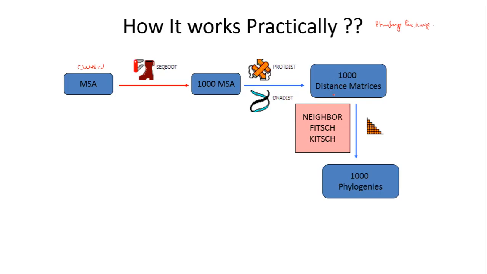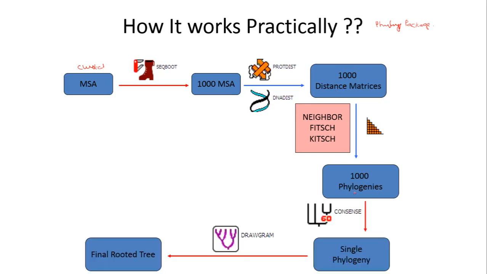Okay, so once you generate those distance matrices, you would use clustering algorithms that are implemented in programs like neighbor, fitch, and kitsch. So using these clustering algorithms that implement either the neighbor joining algorithm or UPGMA, you might end up creating 1,000 phylogenies from 1,000 distance matrices.